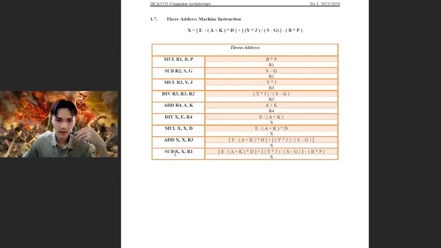And after that, it will store in X, and we will use X subtracting with R1, also known as B times P. And here we go, the expression is finished.